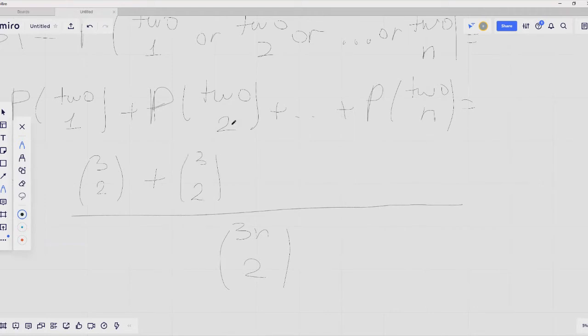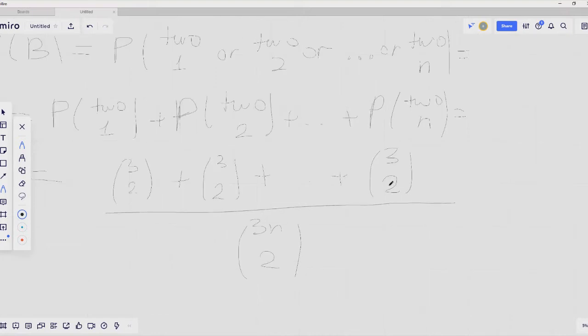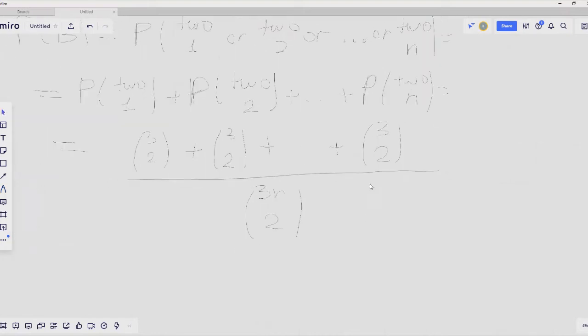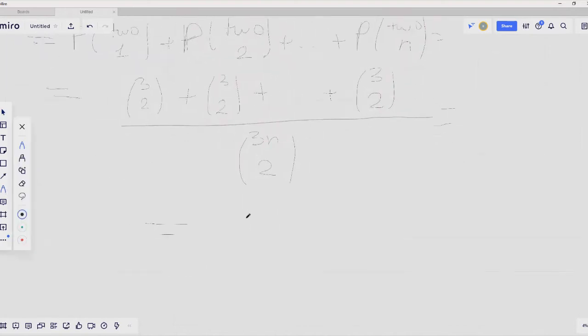So we are choosing 2 colors for our chips numbered 2, and so on. And 3 choose 2 number of ways to perform an operation of having 2 chips numbered n. So this sum here is equal to n multiplied by 3 choose 2 divided by 3n choose 2.